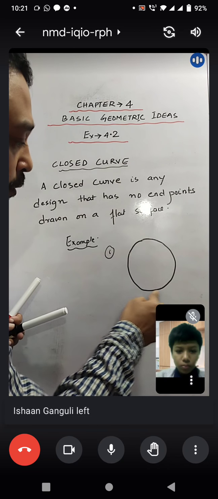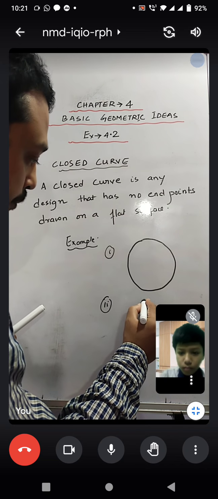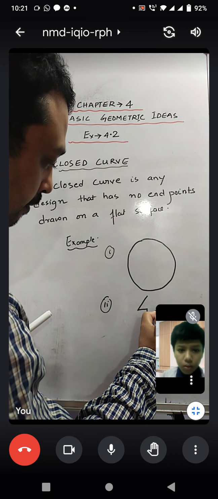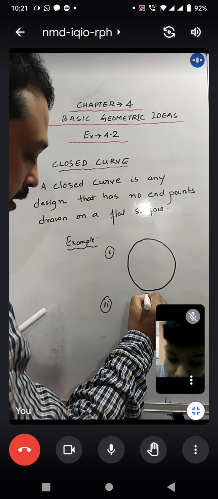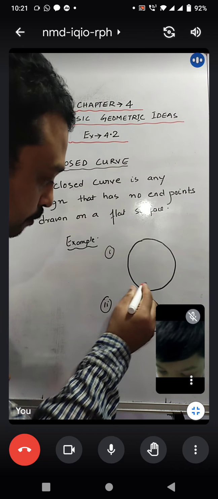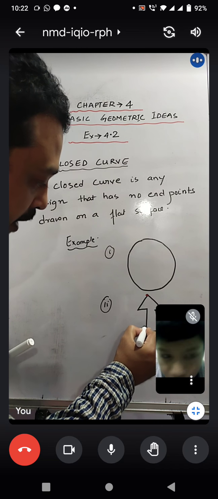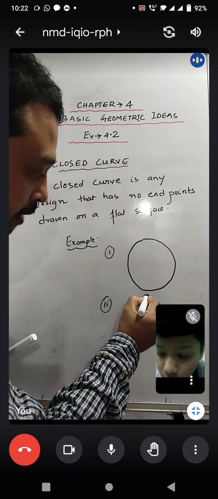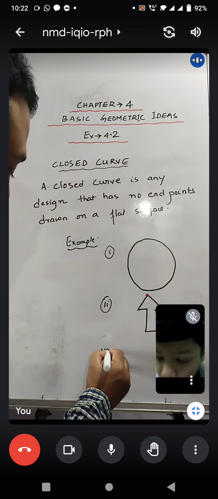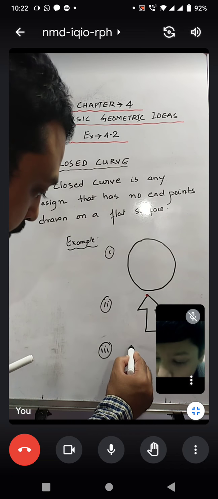So this type of figure would be termed as a closed curve. Another example, suppose this. See, again I return to the same position. I started from this position and without lifting my pen, again I came to the same position. So this type of figure is called a closed curve. Another example, suppose I am starting from here.